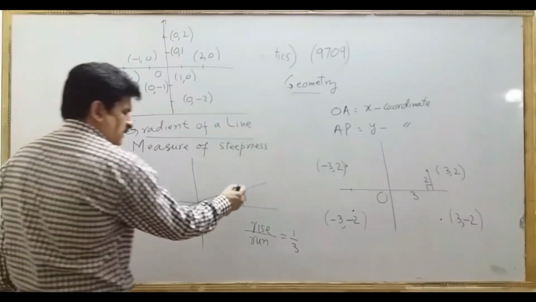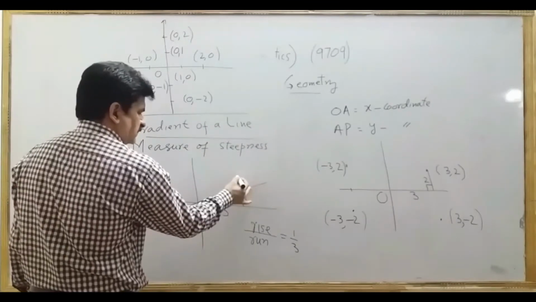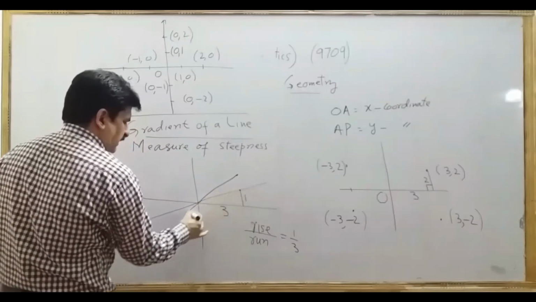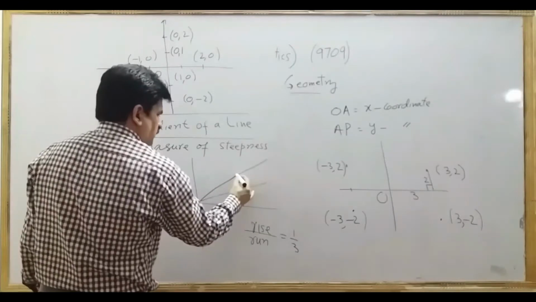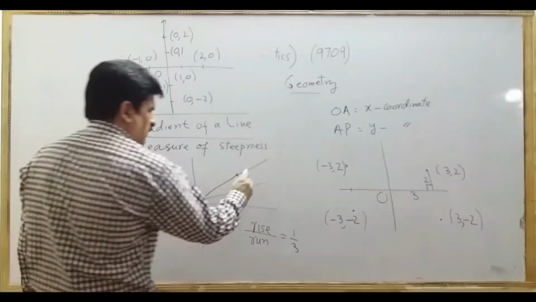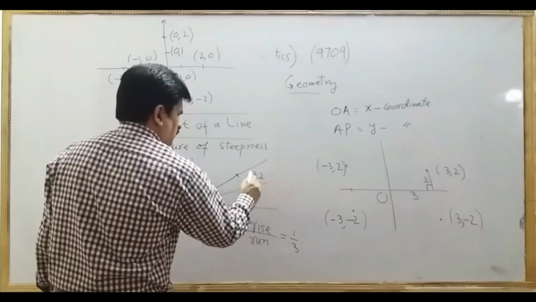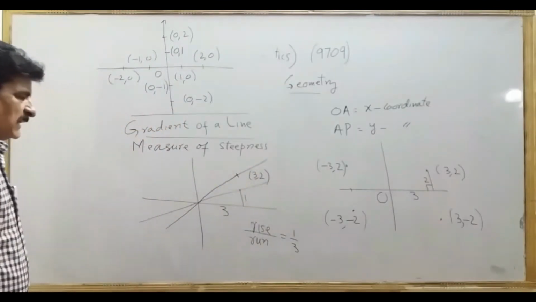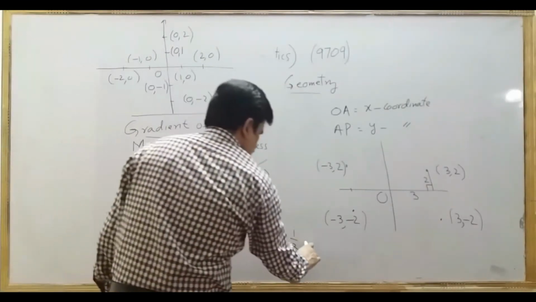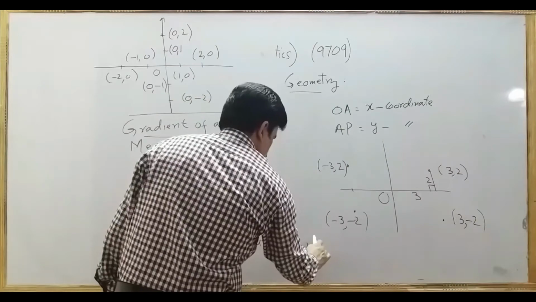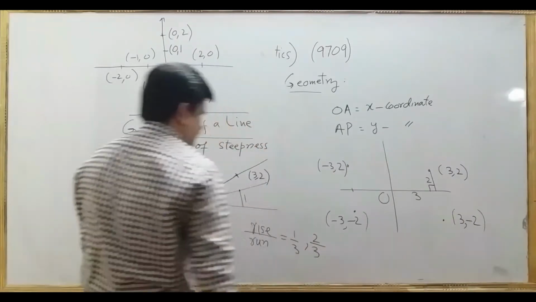Now if I take another point vertically above it and consider another line, so this point will be 3, 2. Now its gradient will be 2 over 3.